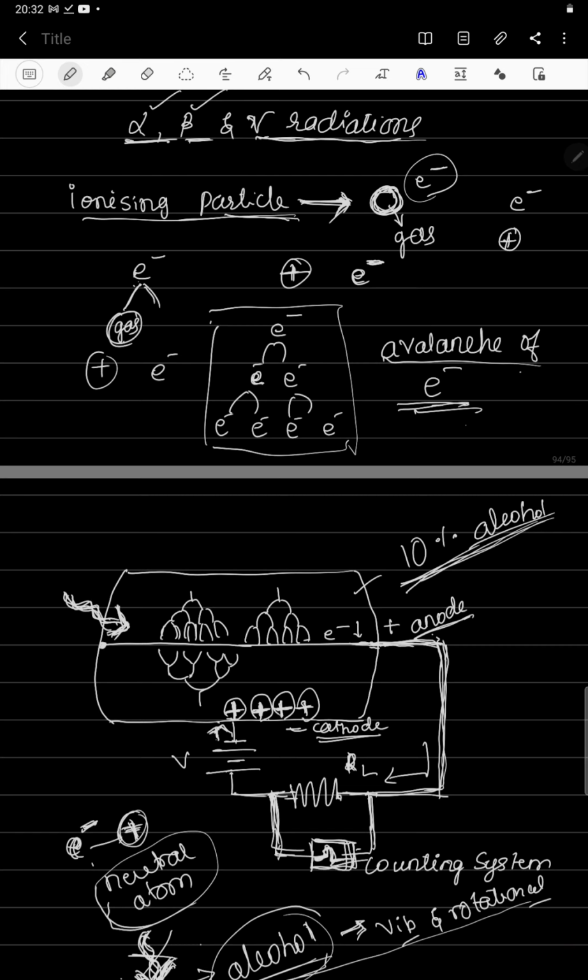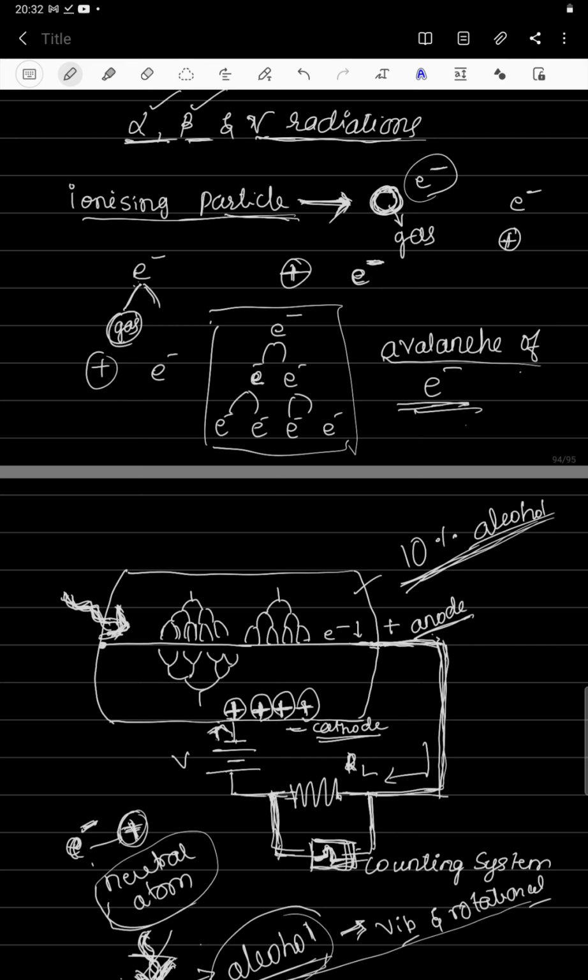So avalanche of electrons means when an ionizing particle enters the gas chamber, there will be production of what? Positive ion and the electron, and that electron, during its motion towards the anode, which is positively charged, during the acceleration, again collides with further gas molecules, and there again ionization takes place.